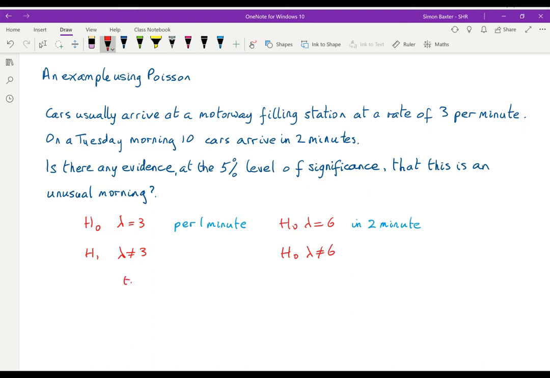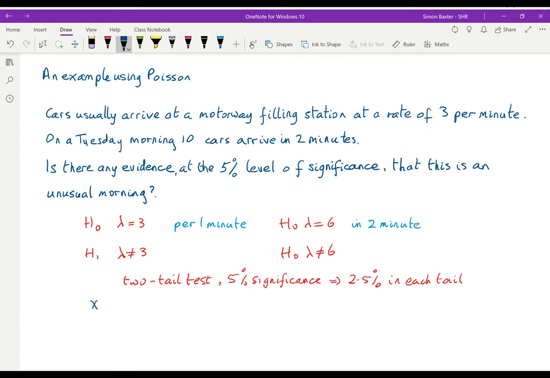In this case, we have a two-tail test. 5% level of significance, which gives us 2.5% in each tail. Okay, we've now set up the situation, and we're in a position to do the test.